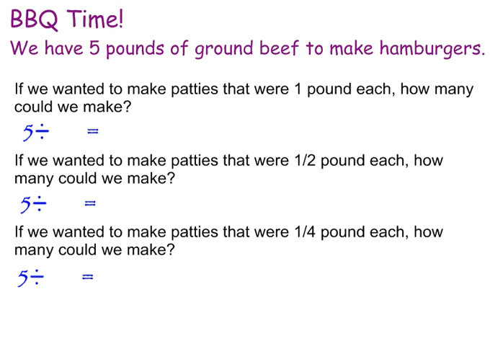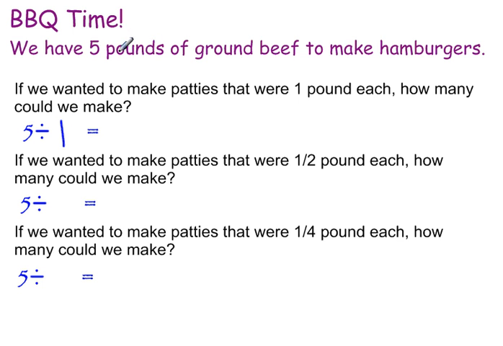Now here is going to be an example that will show exactly what it is that we're doing. If we had 5 pounds of ground beef to make hamburgers, this first problem would be pretty easy. If I wanted to make patties that were 1 pound each, how many could I make? Well, I'm being asked to do 5 divided by 1.